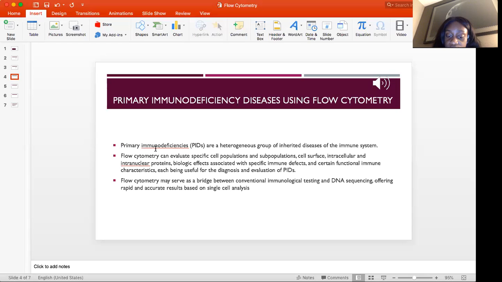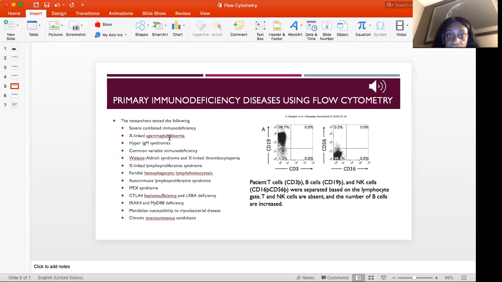They wanted to see if flow cytometry can organize these diseases because they do have some similarities. Flow cytometry can evaluate specific cell populations or subpopulations, cell surface, and intracellular and intranuclear proteins, which is really helpful in primary immunodeficiencies.